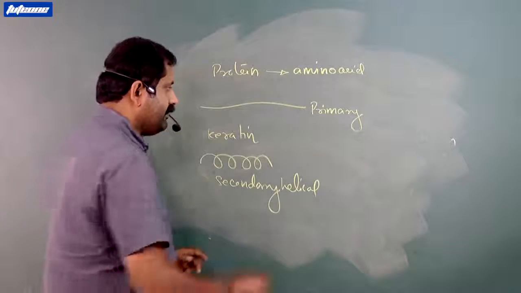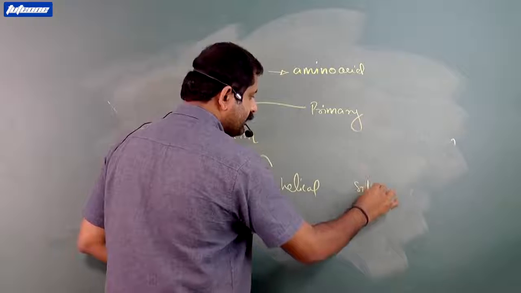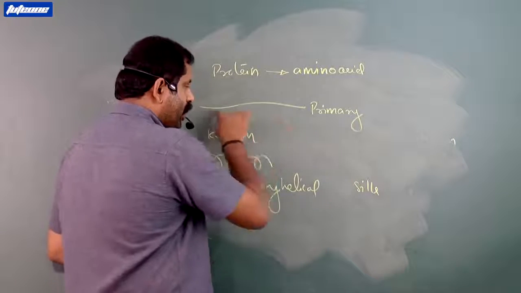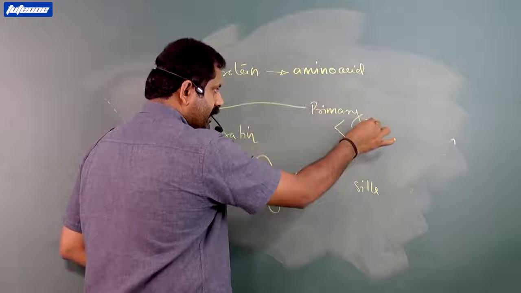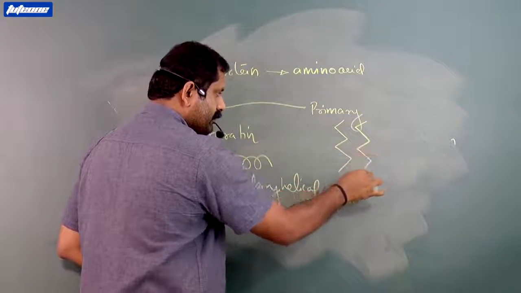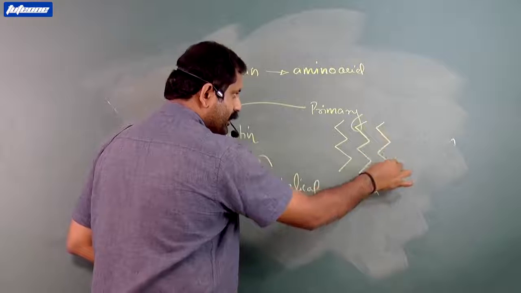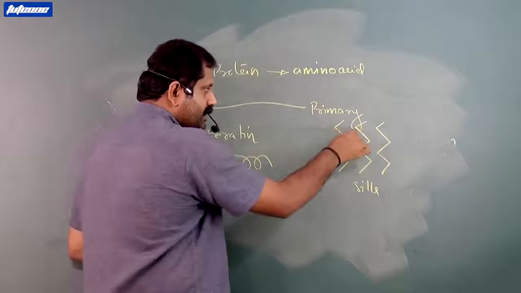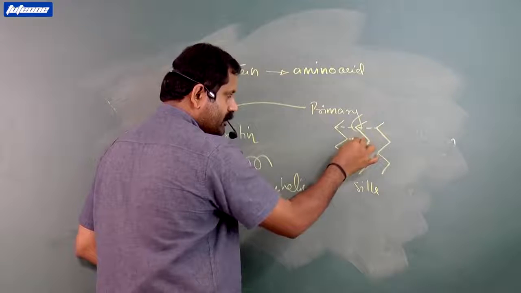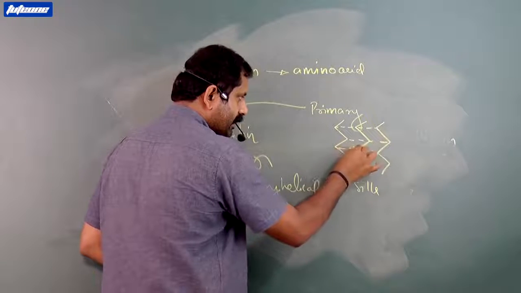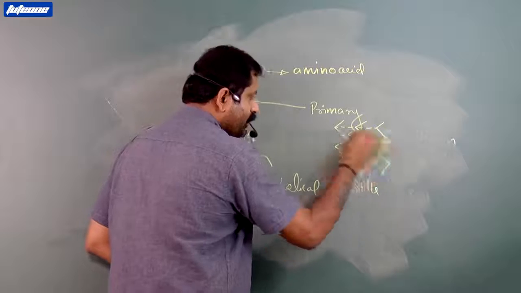Another secondary structure is in case of silk. One of these primary structures is arranged in a zigzag manner, another one parallel to it, another one again parallel to it. Adjacent fibers are connected together by hydrogen bonds. Their corners are connected together by hydrogen bonds.